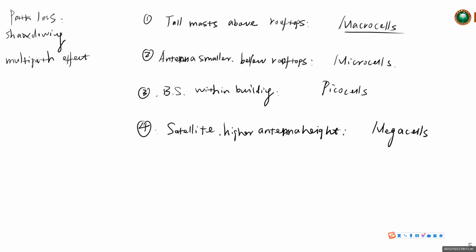So according to such different cell sizes, the propagation mechanisms should be different. Some effects should dominate, and some other effects should be much weaker.